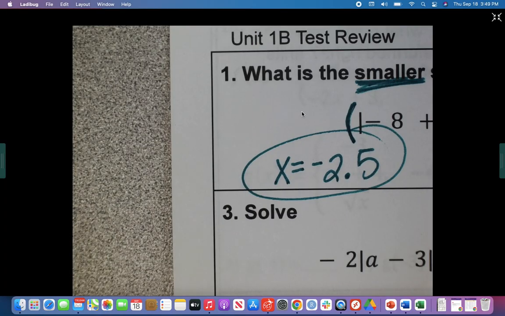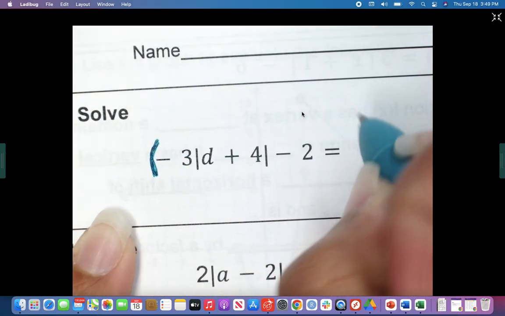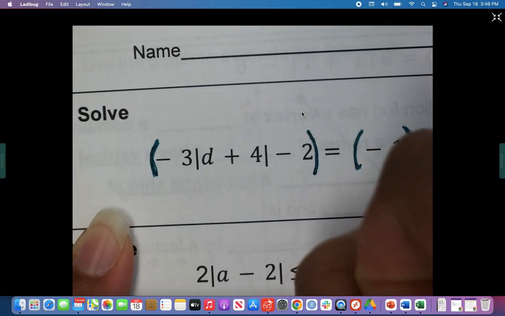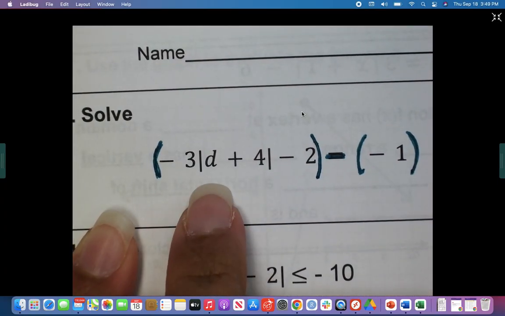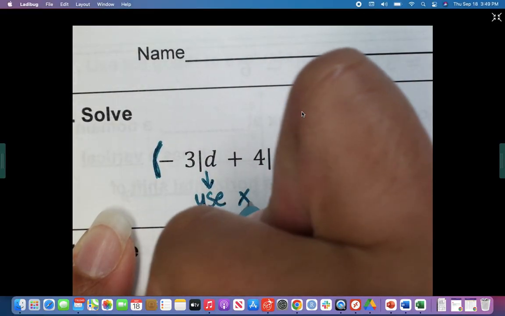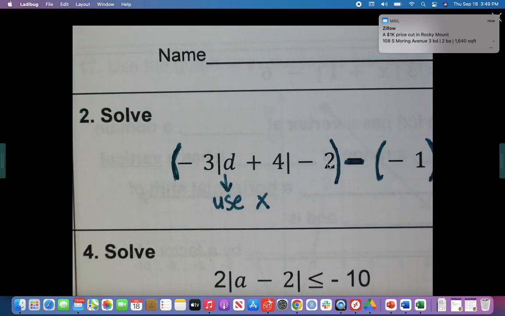All right, question number 2, same type of thing. We are solving, so everything on the left goes in parentheses. Everything on the right goes in parentheses. Equal sign becomes a minus. They use D, so again, we need to use x. All right, so I'm going to type that in again on Desmos.